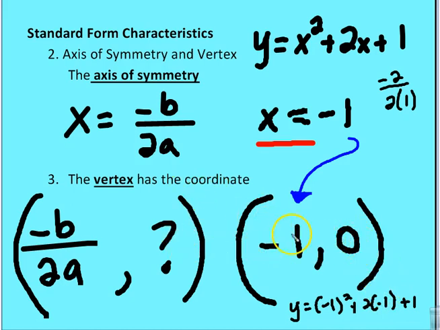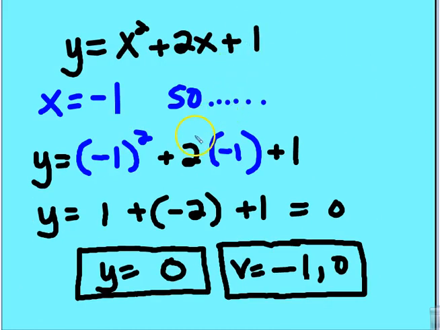So your vertex is going to be negative 1, 0. Substitute that value in for x into your equation, solve for y, and you end up with your coordinate for the vertex. Okay, so let's move on.